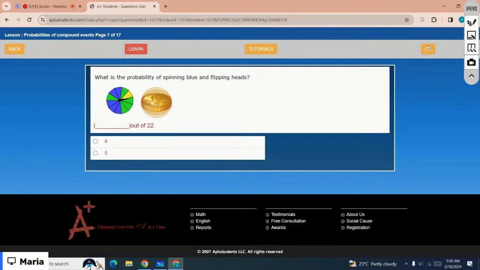What is the probability of spinning blue and flipping head? Which is the correct option? 4. How 4?